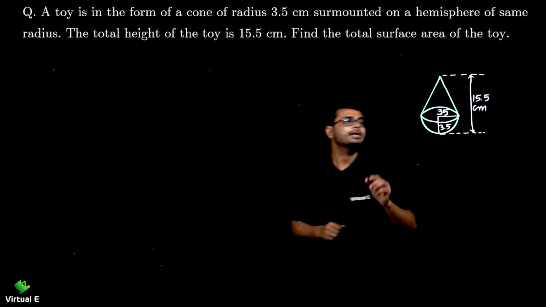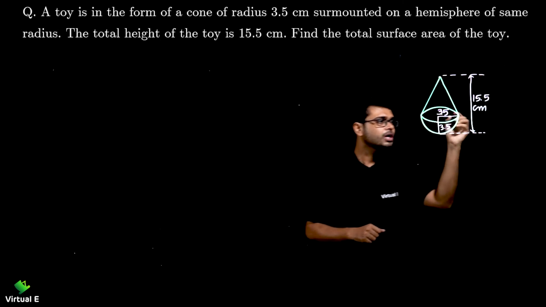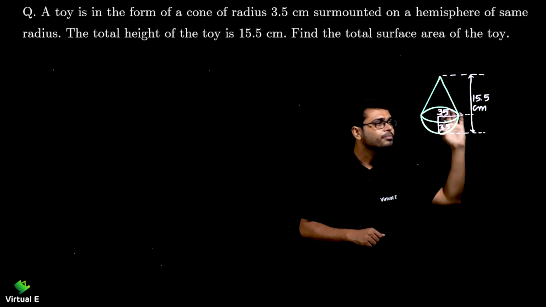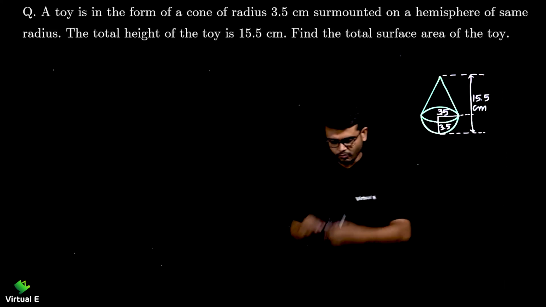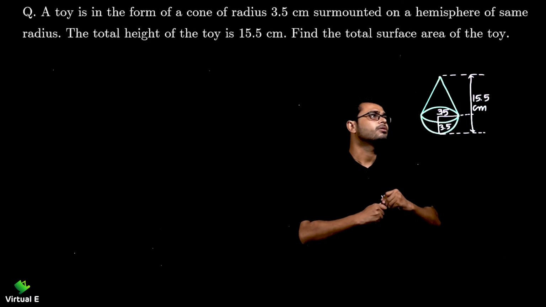Now let's say this as well, 3.5. Can I get the height of the cone? Why have I written this 3.5? Because up to this it is 3.5, and if I subtract 3.5, I'm going to get the height of the cone.